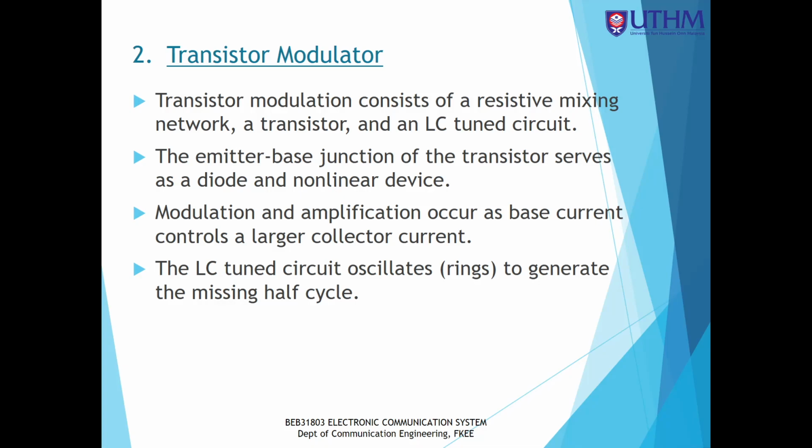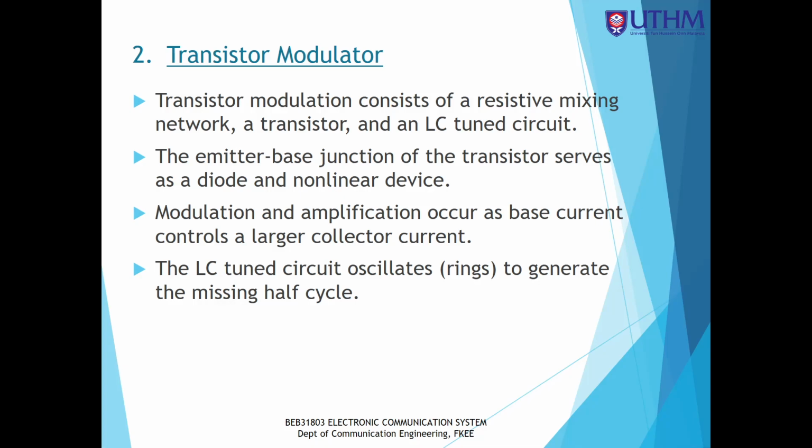The transistor only allows current to flow in one direction, which is like a switch. And the transistor also functions as an amplifier. So there are two basic functions of a transistor in the system: as a switch and also as an amplifier.